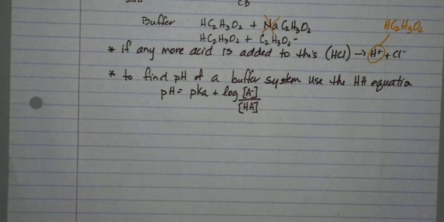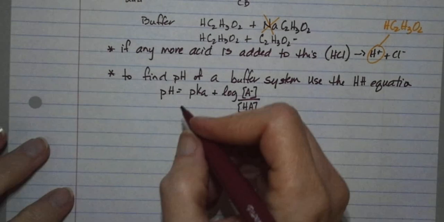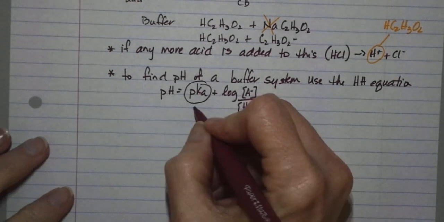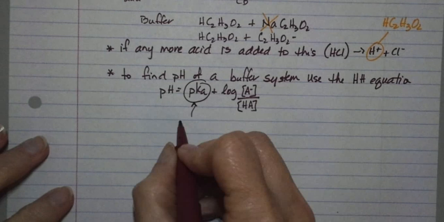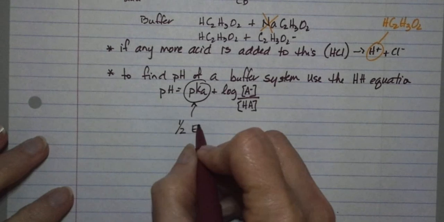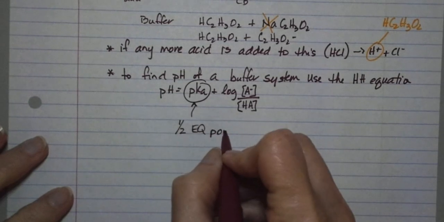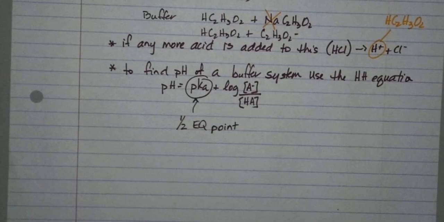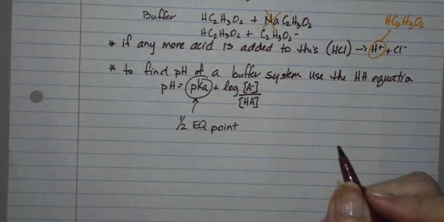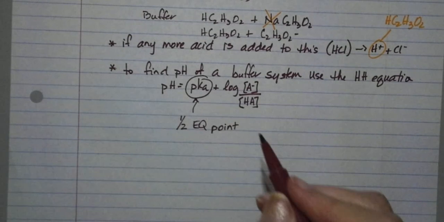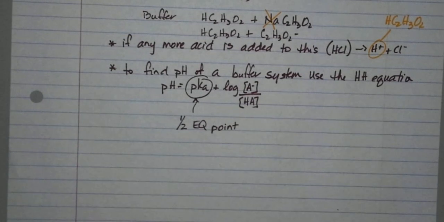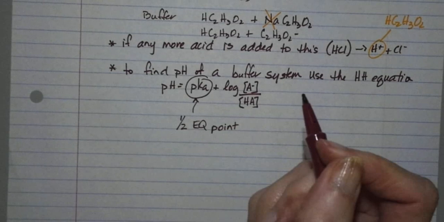Now, in this case, this little piece is the half equivalence point. And sometimes they'll point blank give you the half equivalence point, and they'll expect you to know to put it in here. Now, here's the kicker.